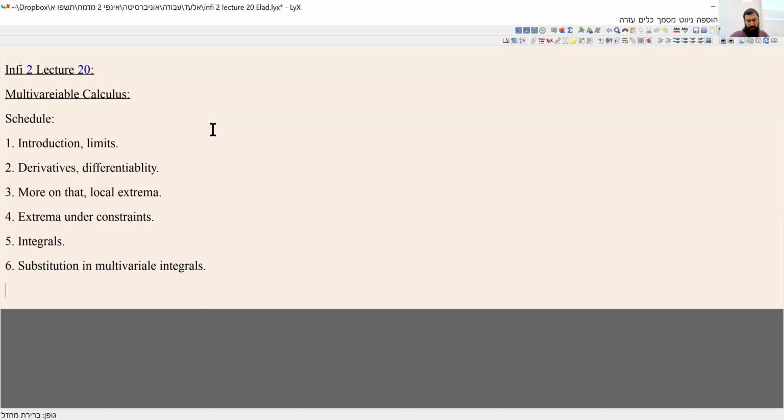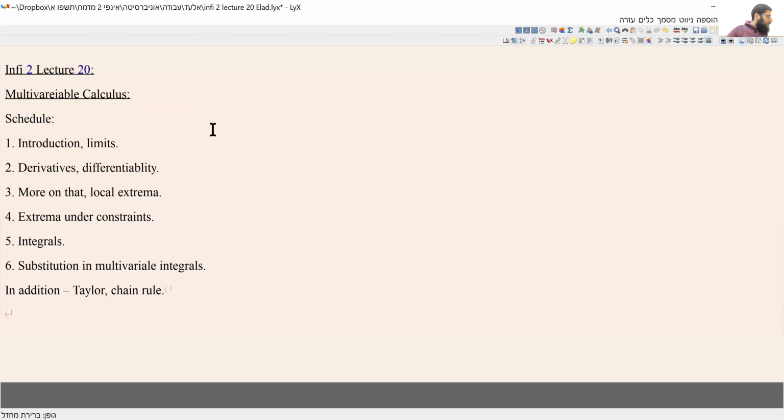Taylor series. In addition, hopefully we'll make it, though I don't think so. I have to think with myself where actually to put it. Taylor and chain rule. That's what we want to discuss here about multivariable calculus.